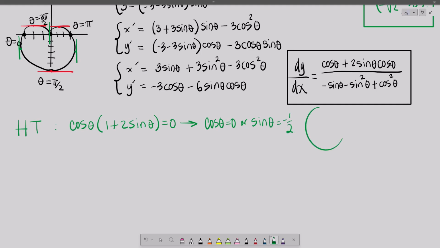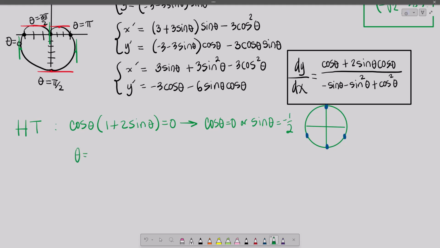So we look at our unit circle. Let's figure out where we are in the unit circle for those particular values. Cosine is 0 here and here. Sine is equal to -1/2 there and there. We look at our graph, there are 3 horizontal tangents, but we have 4 zeros, so we'll have to be crafty here.